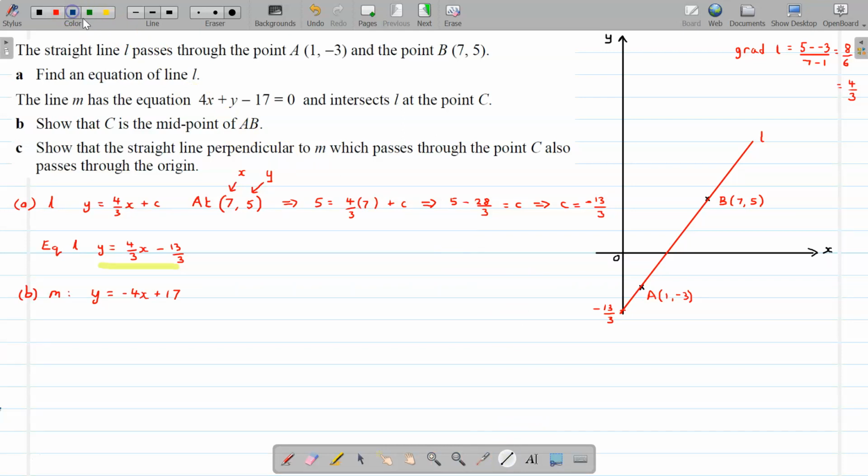Let me do this in a different colour. So 8, 10, 12, 14, 16, 17, it's about there. It's coming through here and it's coming down with a gradient of -4. But if I read the rest of the question, it says I've got to show that C is the midpoint of AB.